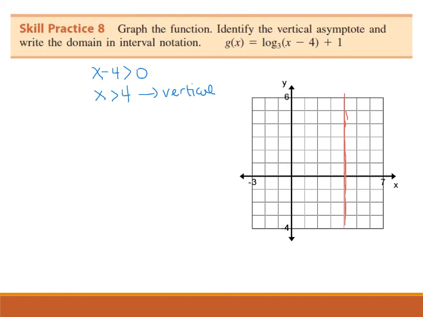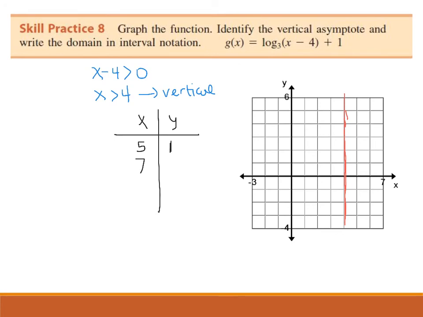So we'll now look at our table, x and y. So assuming that x is 5, we have log 3 of 1 plus 1, so this is at 1. The next one that we're going to hit is going to be 7.